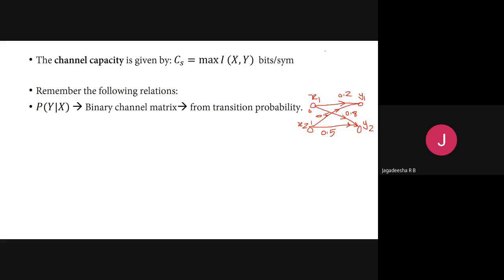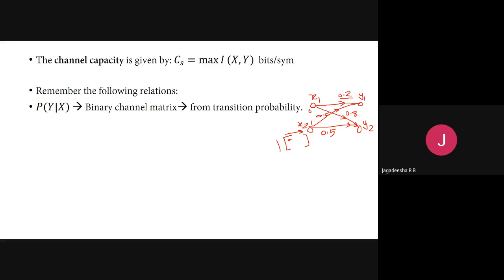Okay, so this kind of matrix we have seen earlier, how to write P(Y|X). That is basically we write a matrix this way, where we have x1, x2 here and y1, y2 here, right? And we write down x1 to y1, the value is 0.2. So we write that 0.2 here.